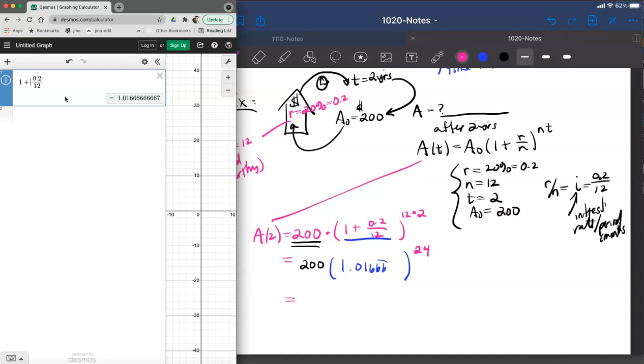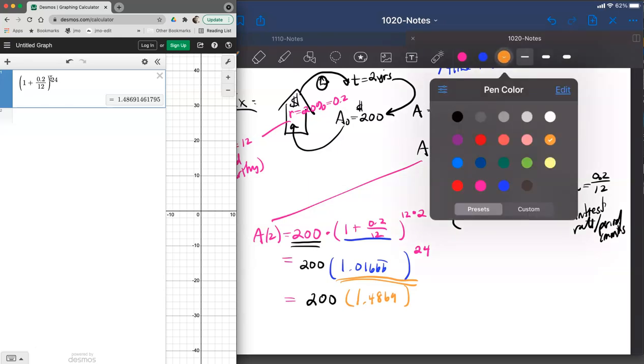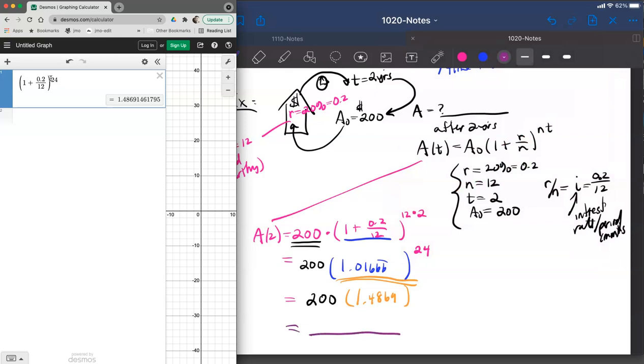So let's handle the 24th power now. I'm going to leave the 200, and then we are going to do this number here. Order of operations says that we take the 1.0166 and raise this to the 24th power, and we get 1.4869 and so on. Then we finally get to multiply and get our final answer, which is the amount in the account after 2 years' time. This number should be bigger than 200.